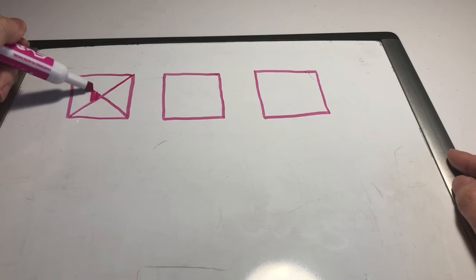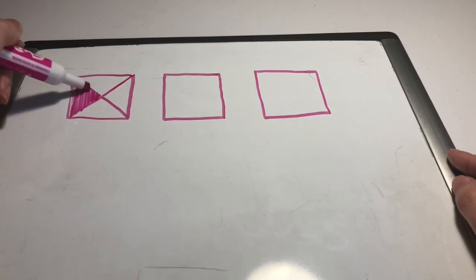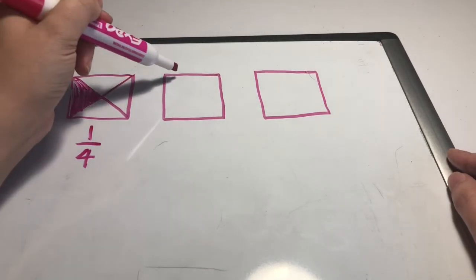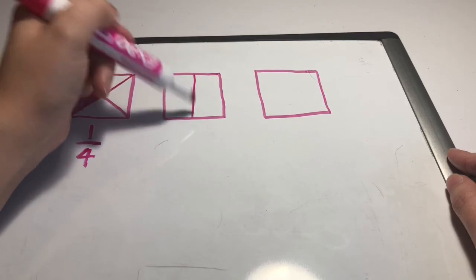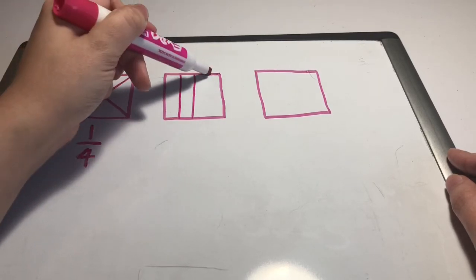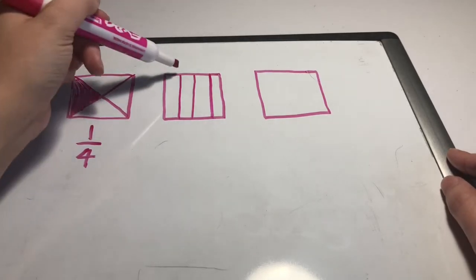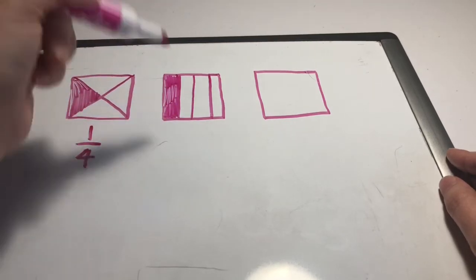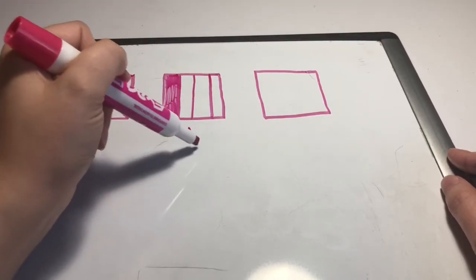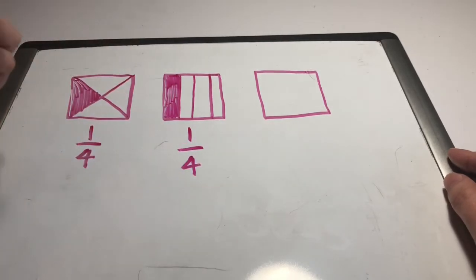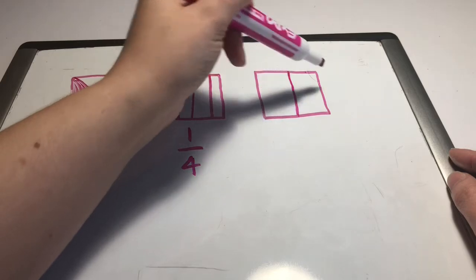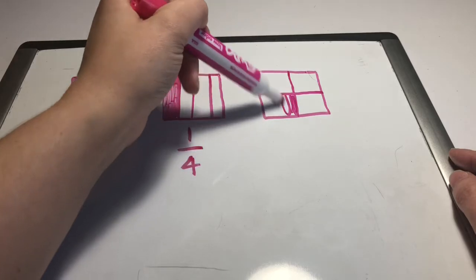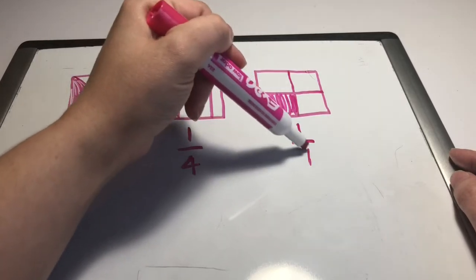And if I wanted to color in 1/4, this would be 1/4. I could divide it into 4 equal pieces this way. And color in 1/4. They're not exactly 100% equal because I'm hand drawing it, but you get the idea. Or I could divide it this way into fourths and color in 1/4.